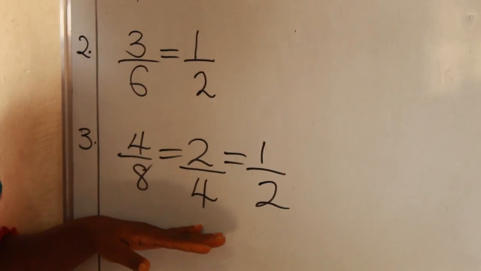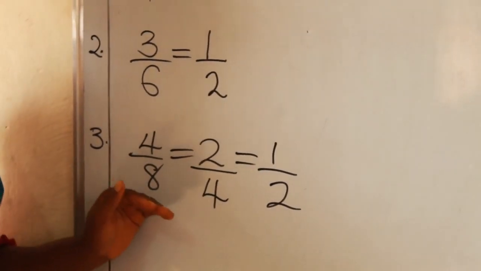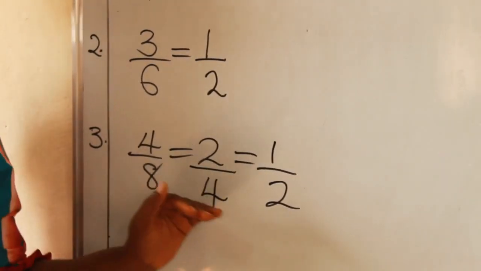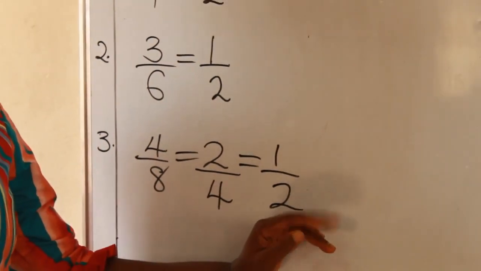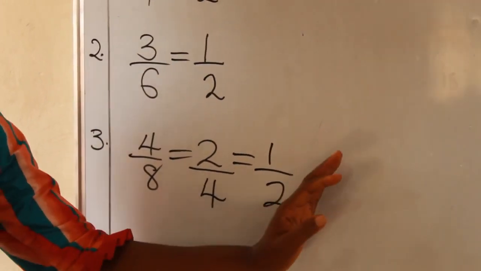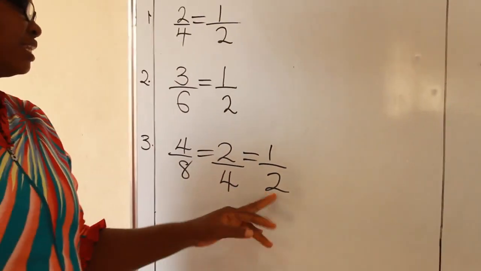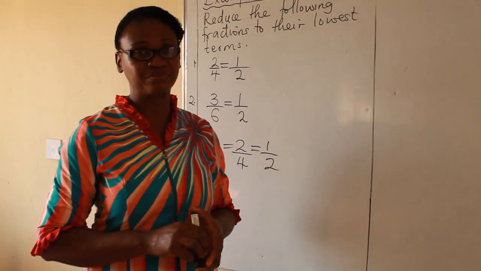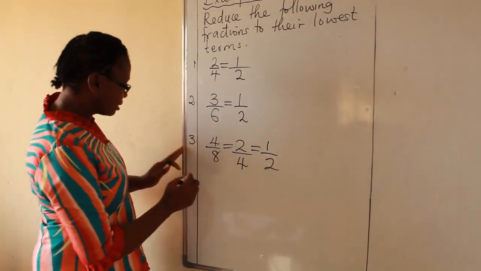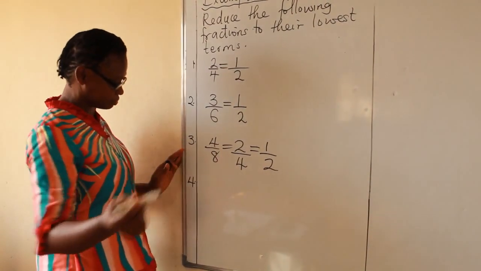So if you look at it very well, you see that we've been able to reduce 4 over 8 to 2 over 4 and to 1 over 2. We can no longer reduce 1 over 2, and so it remains as the least proper fraction that we have in mathematics. Thank you. I take number 4.